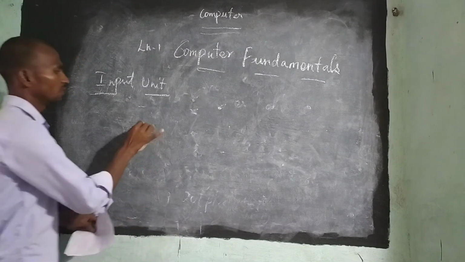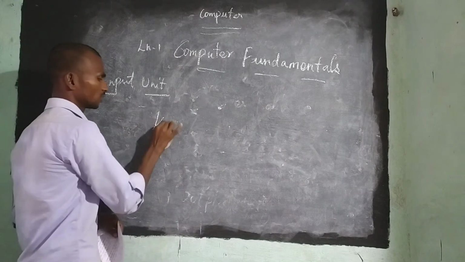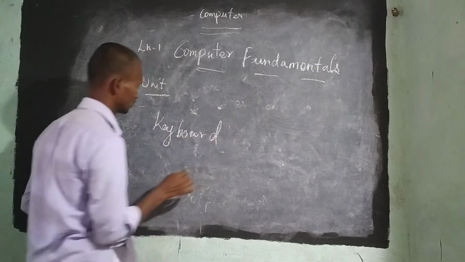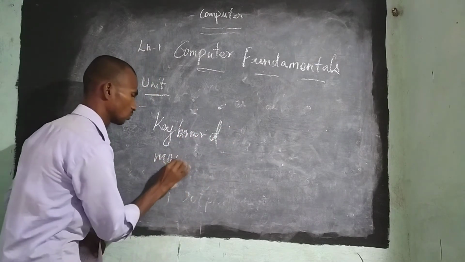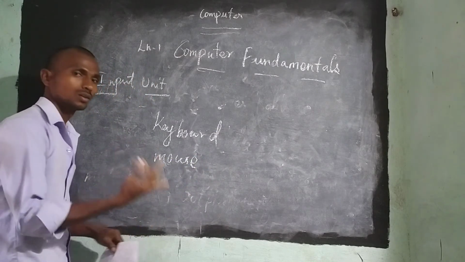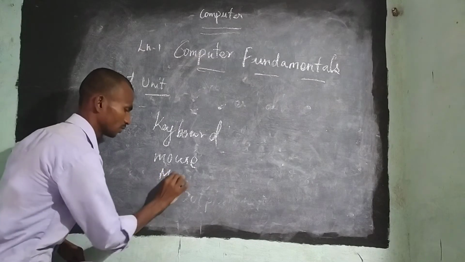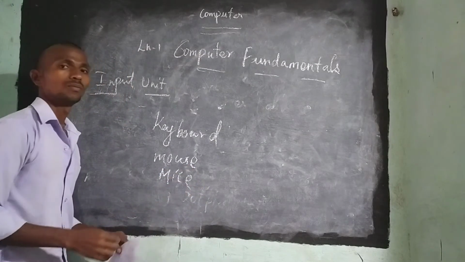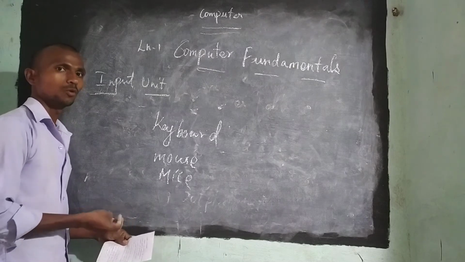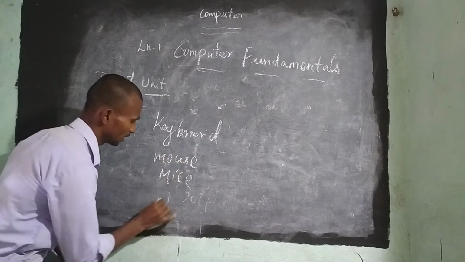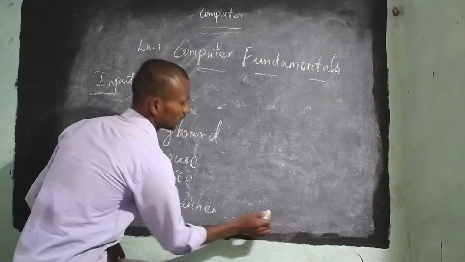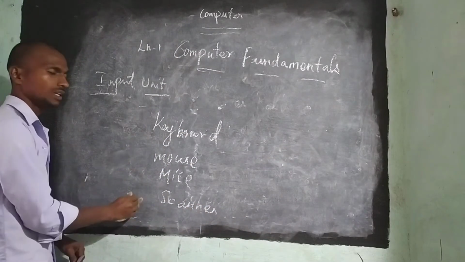For example, keyboard, mouse, mic, scanner, and so on. These are the input units.